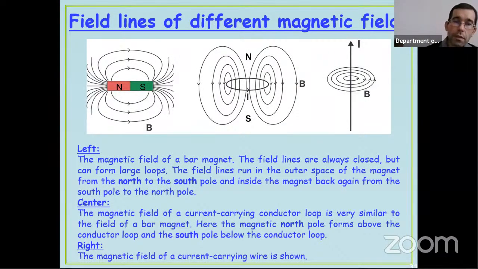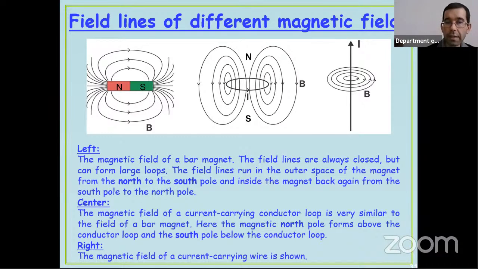Here you see three examples for the arrangement of magnetic field lines around different magnetic objects. And here I have to say that magnetic field can be created not only by permanent magnets, but also by current carrying conductors, because moving charges also create a magnetic field around themselves.